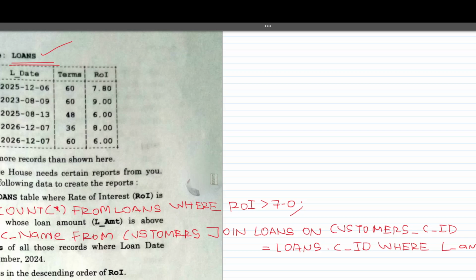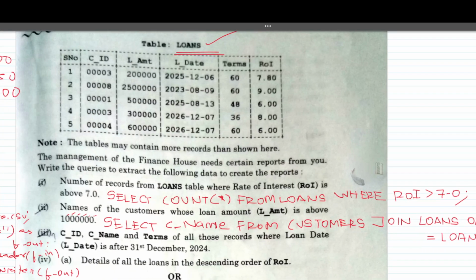That's all. Third one, CID, CNAME and terms of all those records, where the date is after 31st December 2024. Okay, again, what needs to be selected?